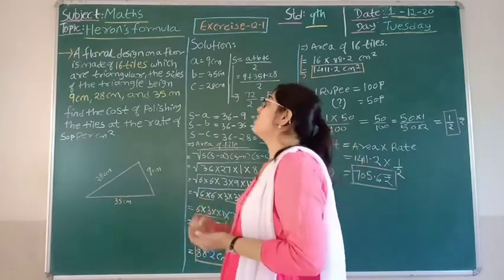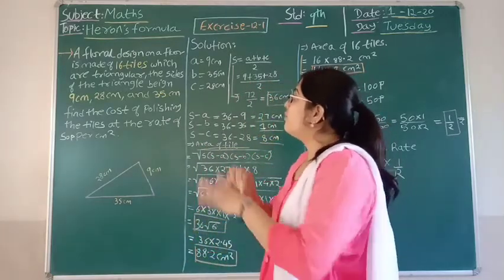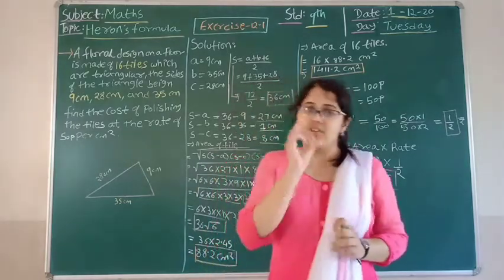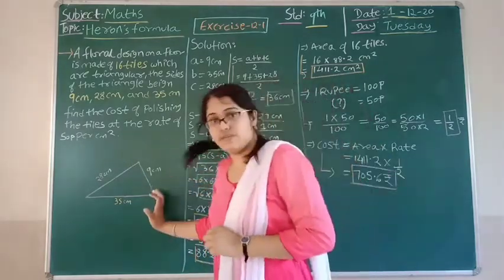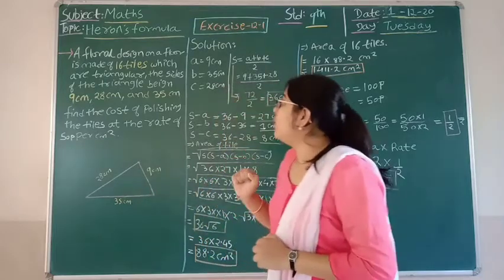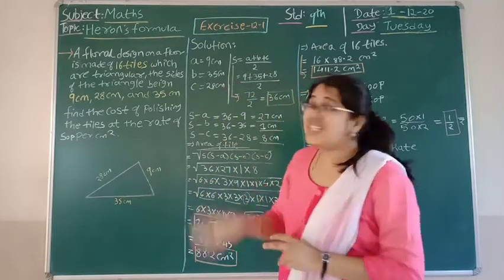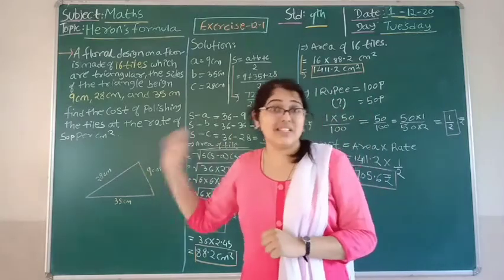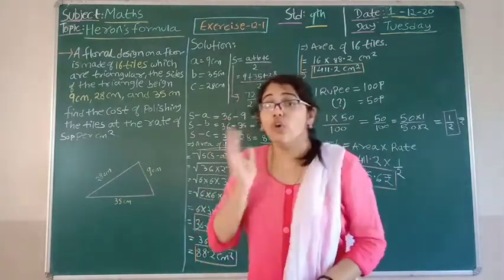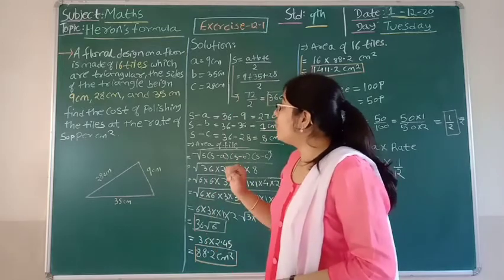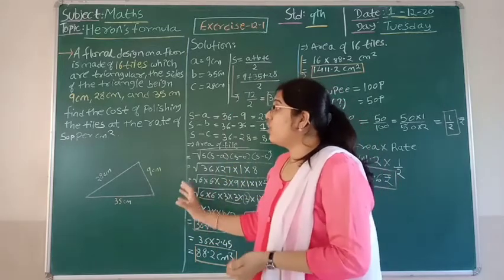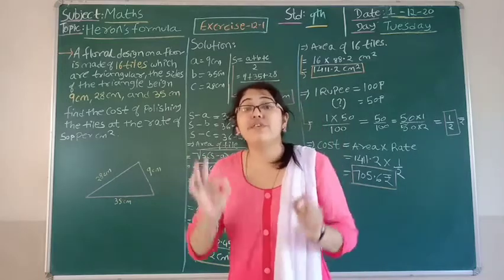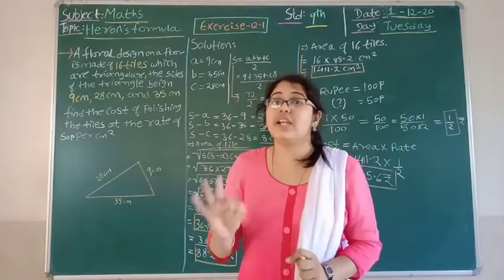So students, we quickly see the sum. In this sum, we have been given a floral design in which there were 16 triangular tiles, one of which we have shown over here. For that, we have been given 3 sides, 9 cm, 35 cm and 28 cm respectively. What we need to do is find the cost of polishing the tiles, and for that we have been given the rate of 50 paise per centimeter square.